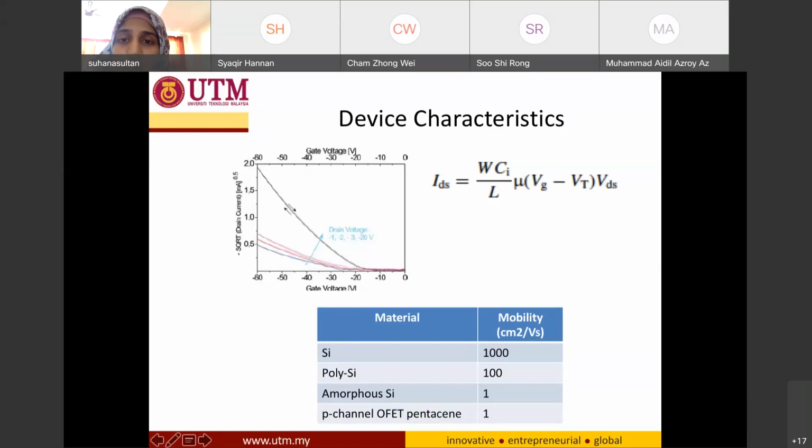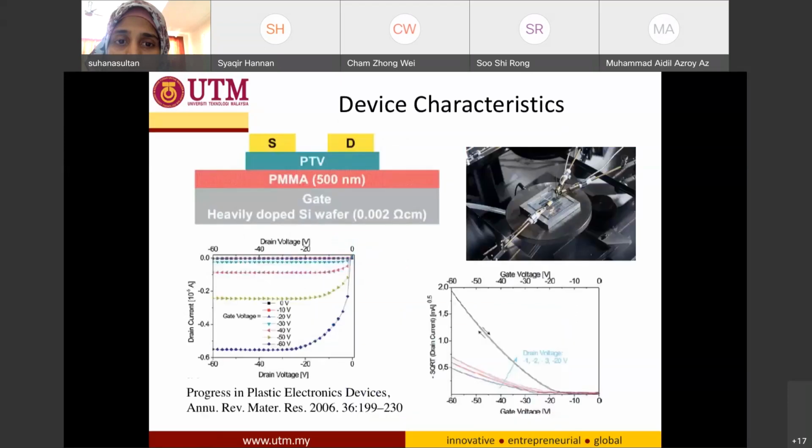So that's why you cannot go towards more applications, for example in computational logic circuits, because the switching is very slow. It will just gradually increase until it reaches a saturation regime.